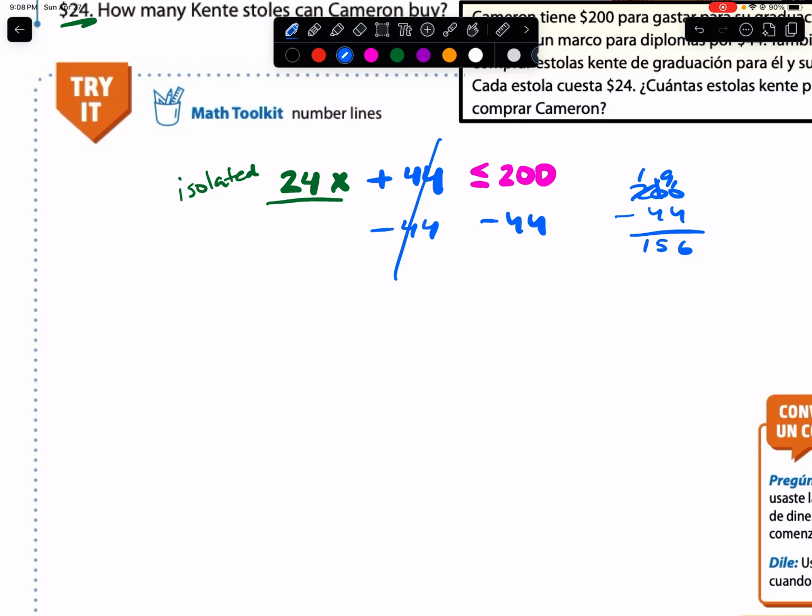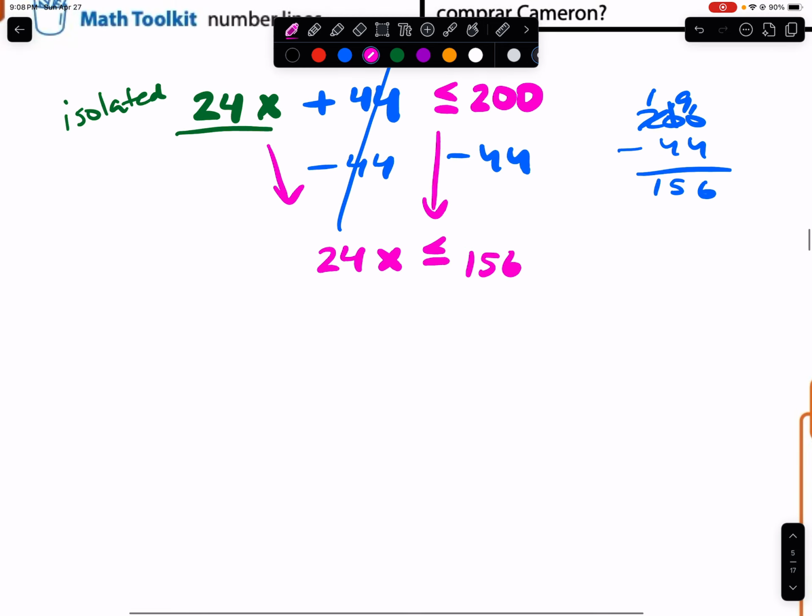I think that's correct. Yes, 156. Bringing down the sign. We didn't divide by a negative, we subtracted. And then we're going to bring down the 24x.